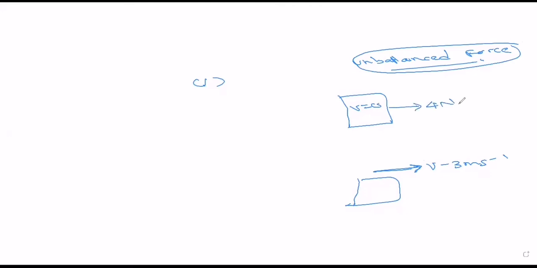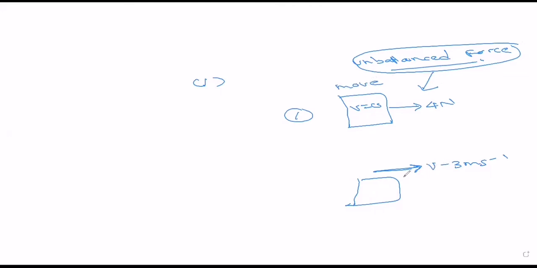Now tell me, children, what will happen to this object? Will it be at rest, stationary again, or will it move? Yes, very good. It will move. Why is it moving? Because I am giving it the unbalanced force.